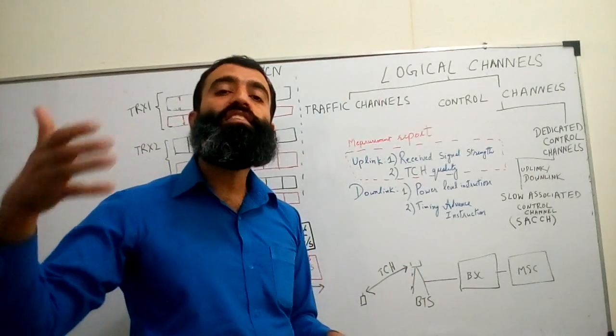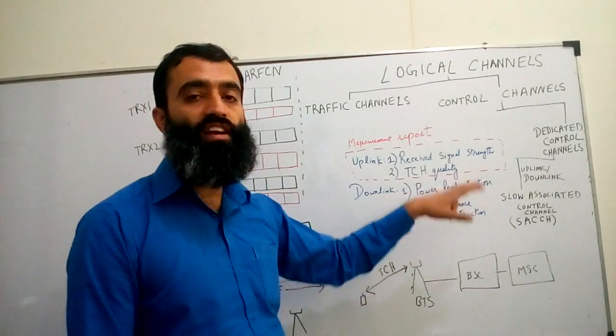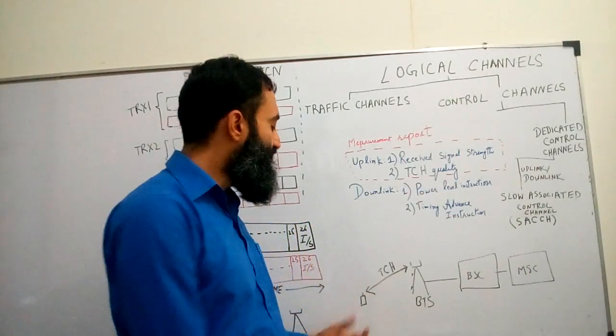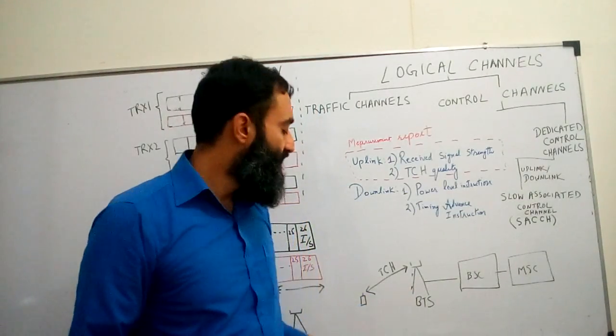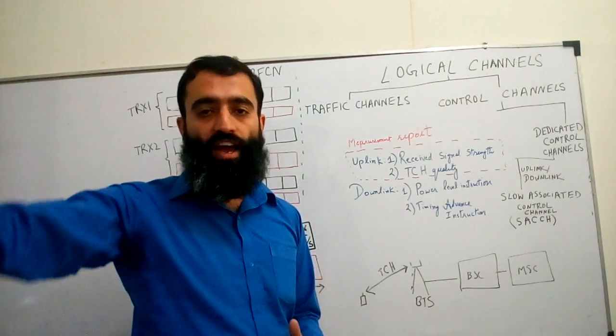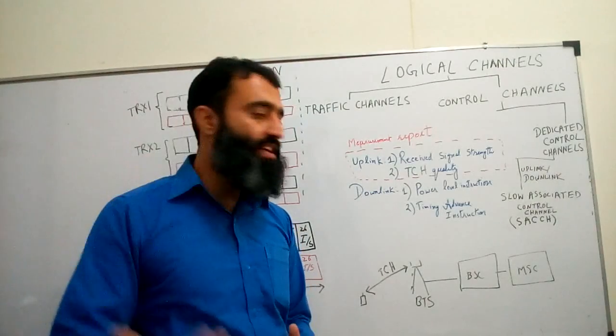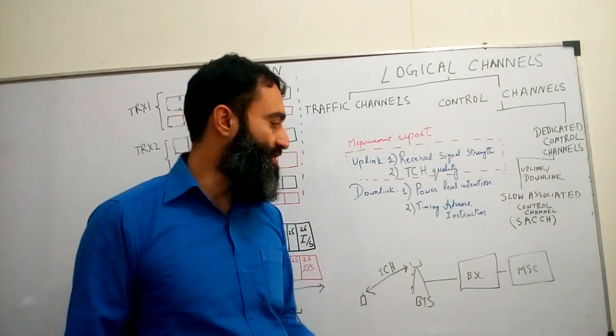The first one is the power level instruction. If this mobile station is near the base station, then it is not necessary that it transmits at a very high power and causes unnecessary interference to other mobile stations which are using the same frequency.